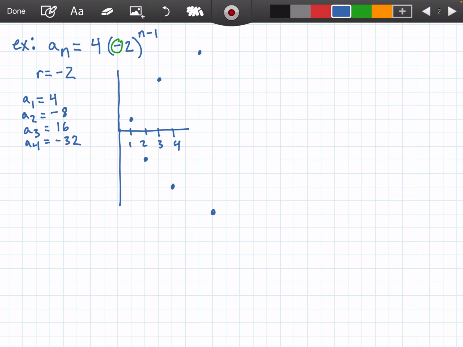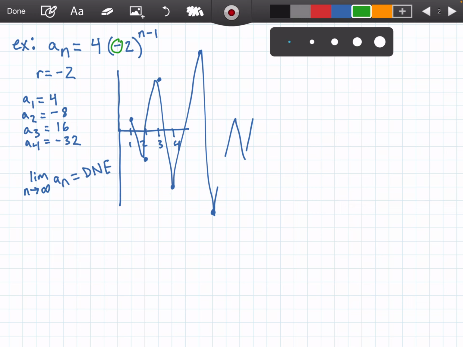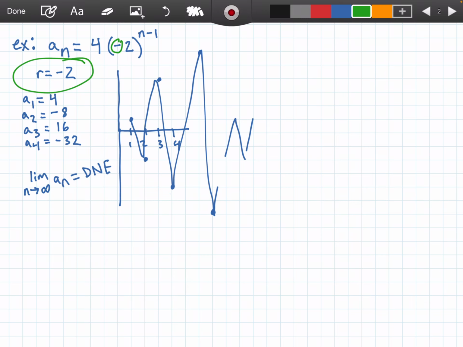And because it makes this kind of zigzag as you go through, you see how the limit in this one would be a does not exist situation. But that's a lot of extra work that we didn't have to do. Mostly I'm just looking for this, where since the absolute value of r is bigger than 1, this tells me that this is going to diverge.